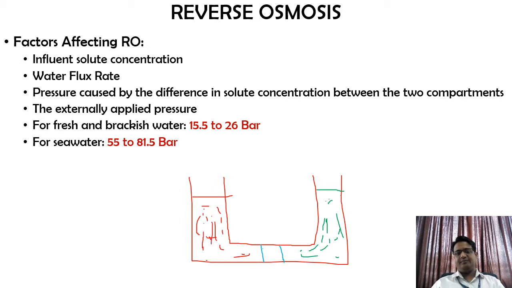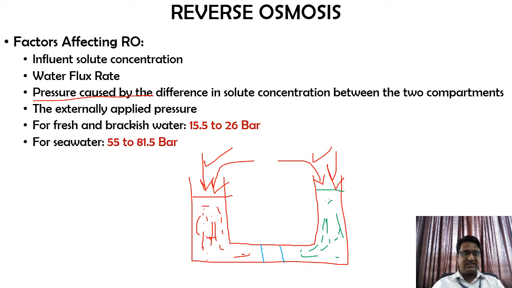If I am not applying any pressure right now, naturally whatever the atmospheric pressure is, that is there. Because of which there exists a potential, or a pressure difference, between both these ends. How much pressure difference is naturally existing is going to become a part of this factor that will affect the reverse osmosis process.